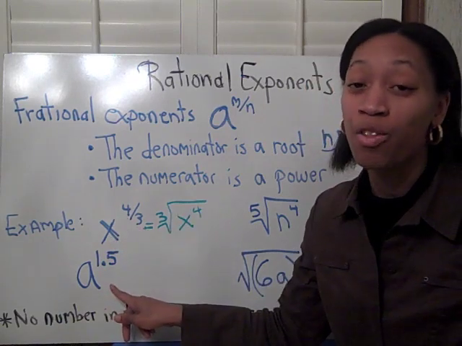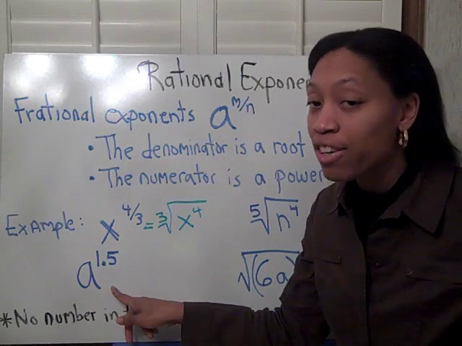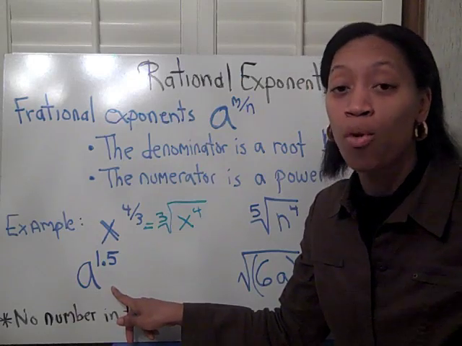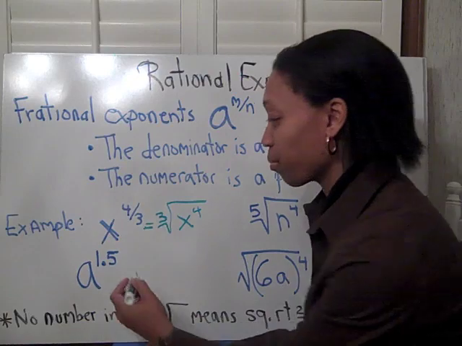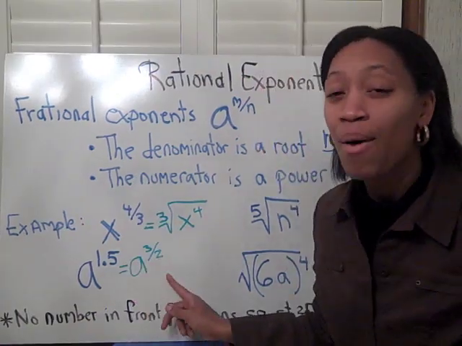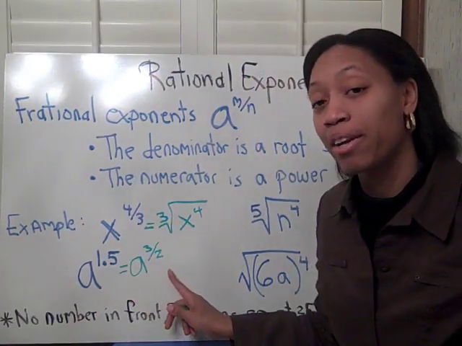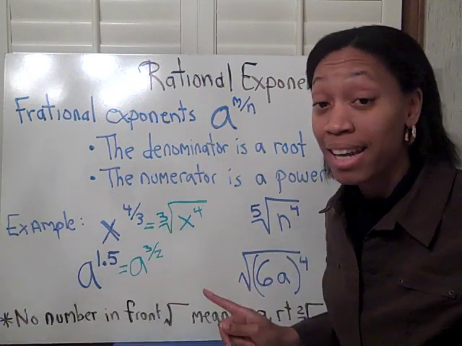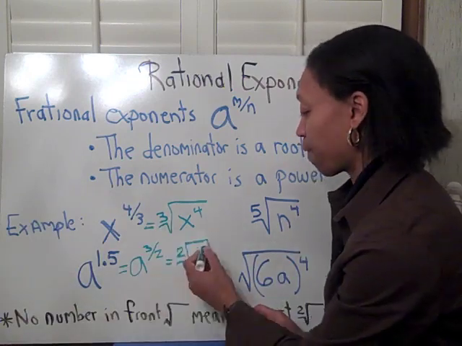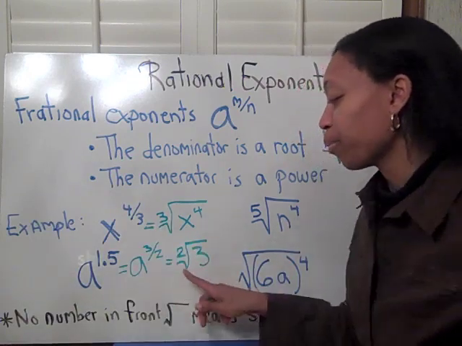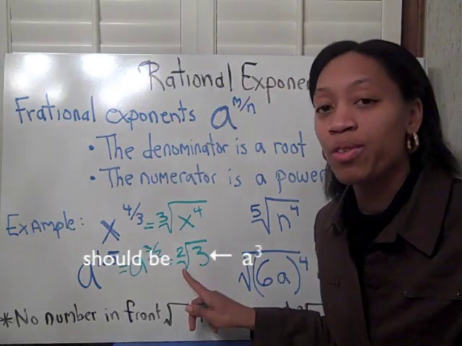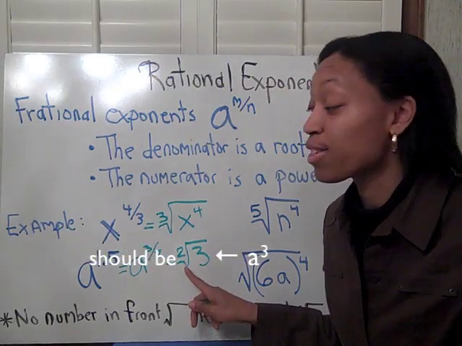Here I have a to the 1.5. Before I can do this, I need to write 1.5 as a fraction. Now I can take that 2 in the denominator and pull it out and write it as a root. This root with a 2 out here is a square root.